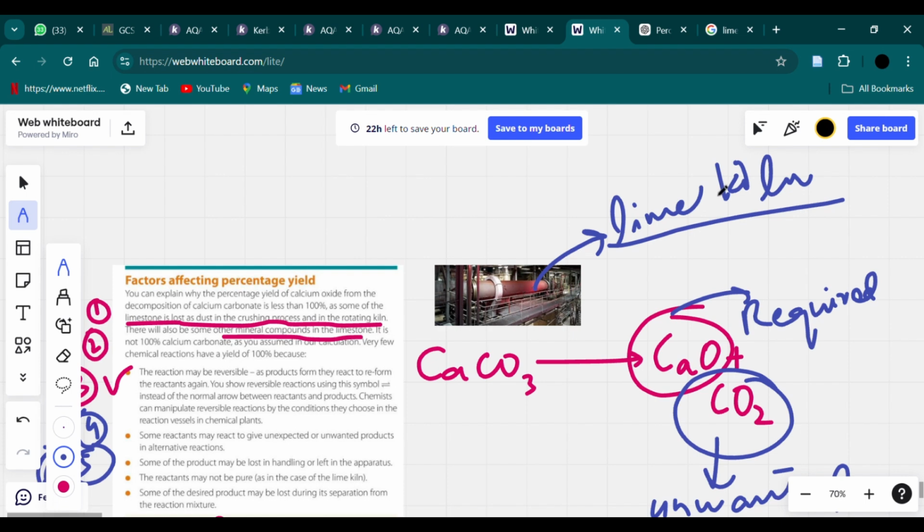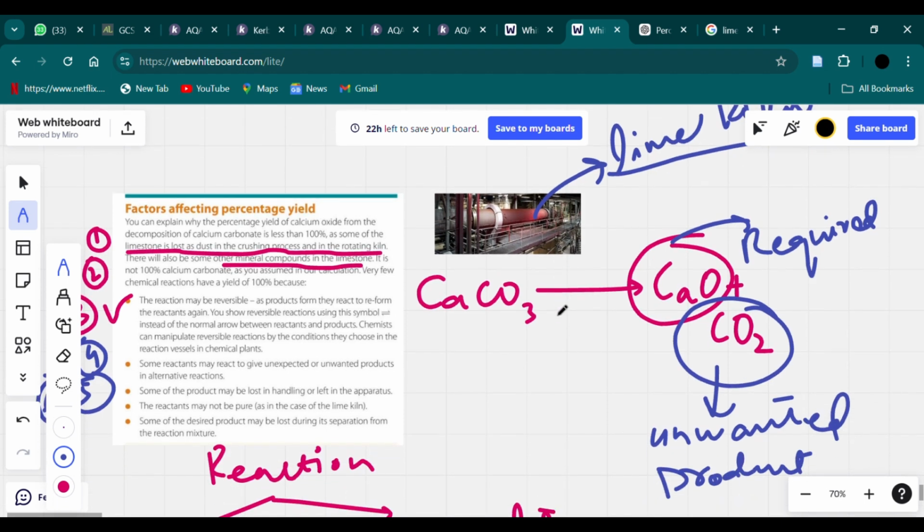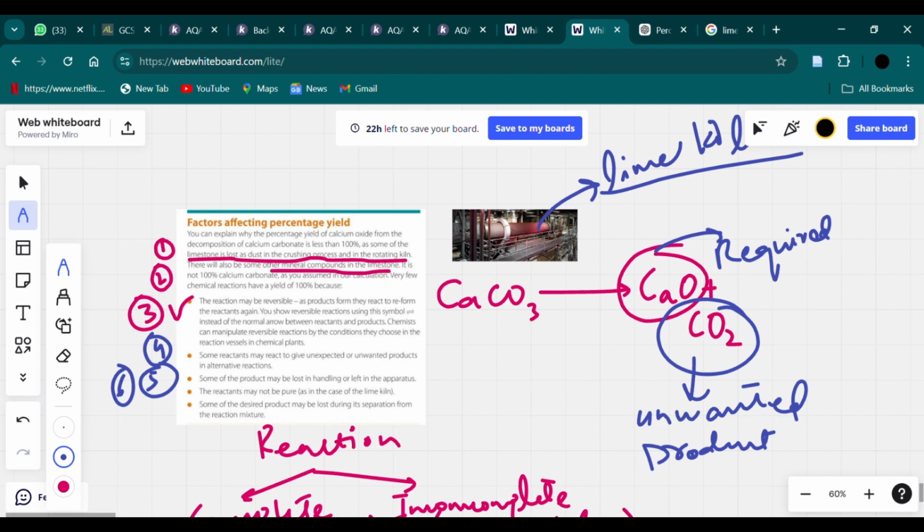What is the lime kiln here? This is a vessel in which the calcium carbonate is given high temperature and converted into its products. Some of the calcium oxide gets stuck to the lime kiln, and this is also one of the reasons that we get a lower actual yield compared to the theoretical yield.